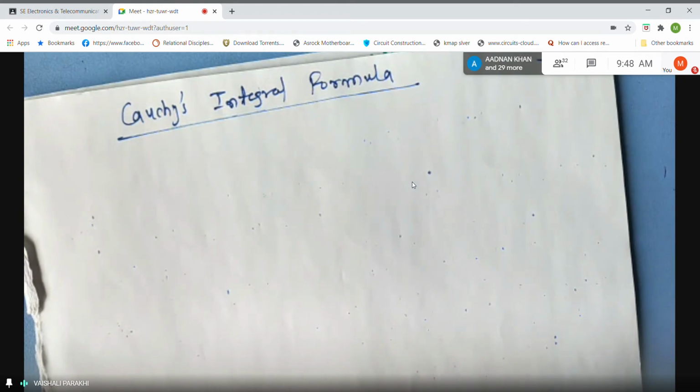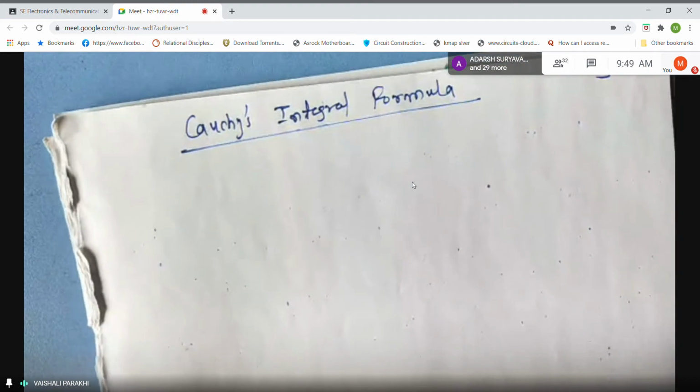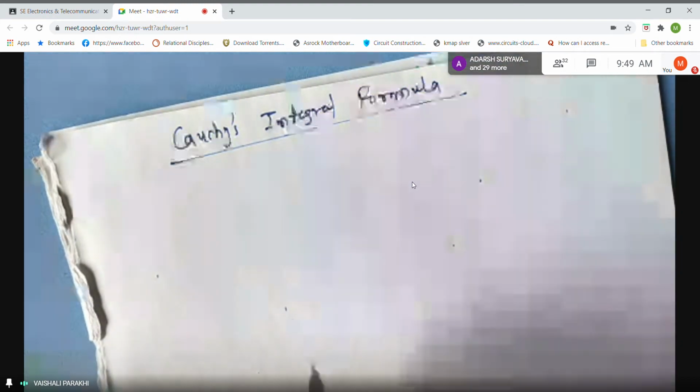So this is Cauchy's integral formula, which is totally different from the previous one. When you read the problem from the question paper, you have to see whether it is referring to the formula or the theorem. Now see what Cauchy's integral formula is, students.